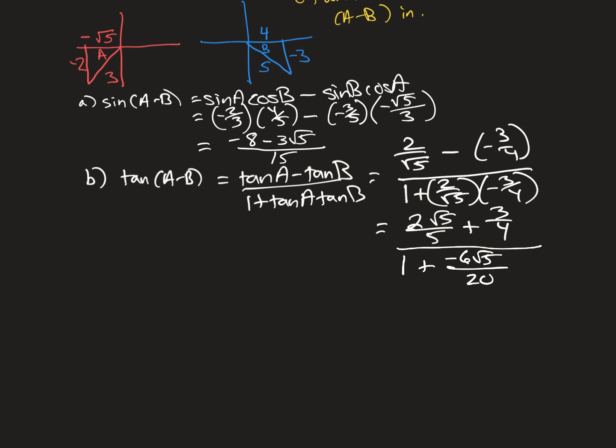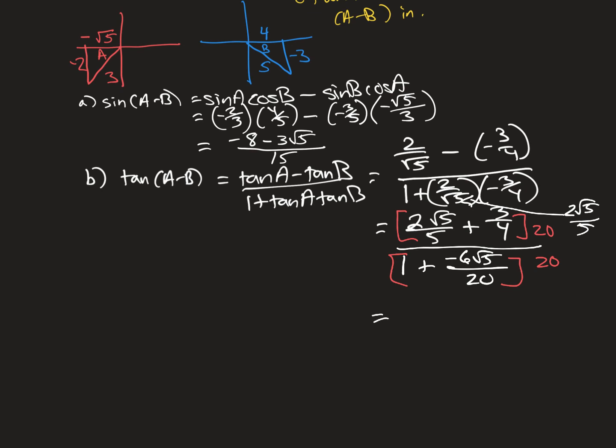I just rationalized the 2 root 5, making it 2 root 5 over 5, so when I multiplied it by -3, it was -6 root 5 over 20. The reason I did that is I want to clean it up a little bit. If I multiply the numerator and the denominator by 20, I can get rid of that complex fraction. I'm not going to rationalize the final, but I just want to make it a little bit cleaner.